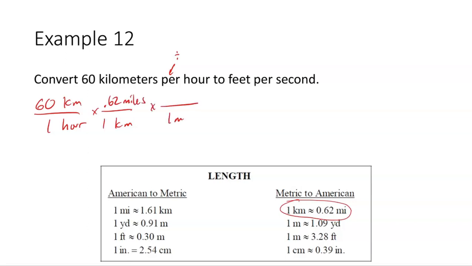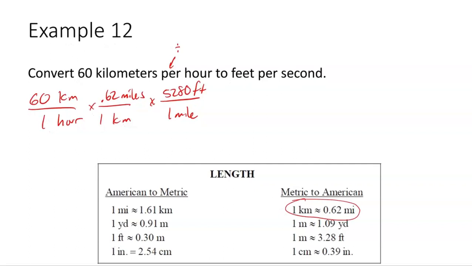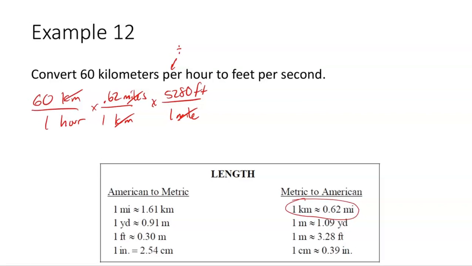And I know that 1 mile is 5,280 feet. So that gets rid of the kilometers and miles. So now my units are in terms of feet on top and hours on the bottom. So this will give me feet per hour. But I want to know feet per second. So an hour is made up of 60 minutes.